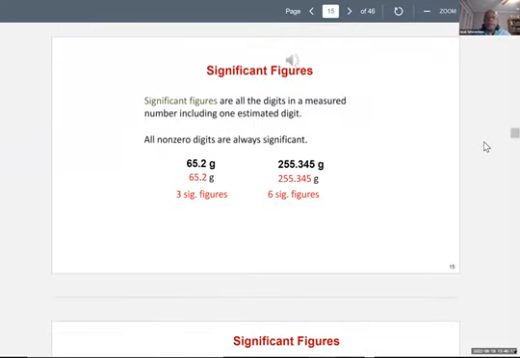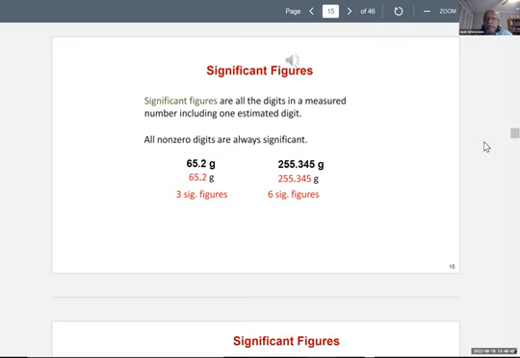We're going to go through some examples again. First number, 65.2, has three significant figures. Why? You count the 2, that's the uncertain digit, and count from the right end to the left: 1, 2, 3 figures.